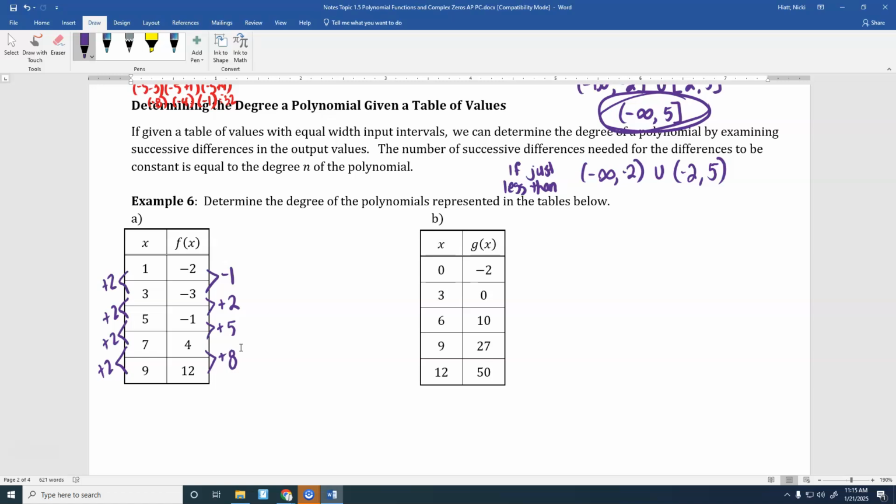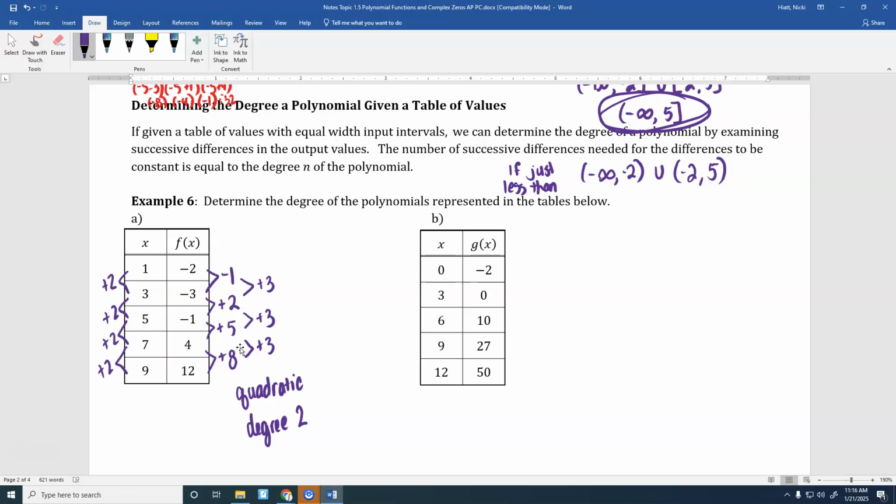That would be first degree if it were linear. So then you would do your second difference, and so this goes up 3, up 3, up 3. So this is quadratic, and that would be a degree 2.